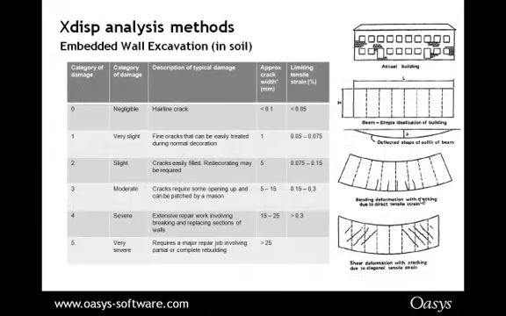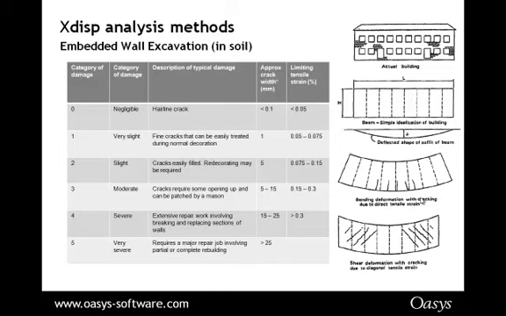XDisp has also proved very handy and well used for building damage assessments. It's very useful for projects which are done in densely populated areas, and it looks at the surface movements that are calculated in XDisp and assesses the effects of these on the building.